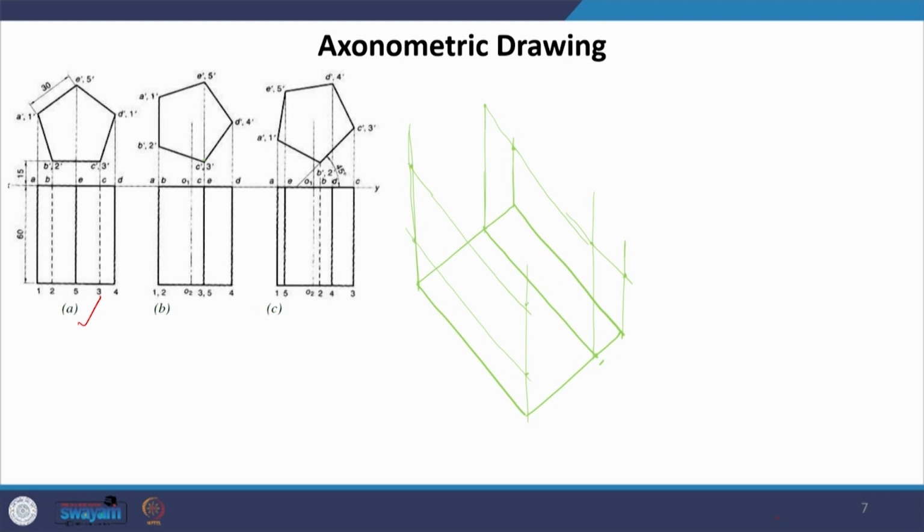So, these 2 points here and 2 points here, and now let us just join these. Whatever is visible in the front is what I am joining here.